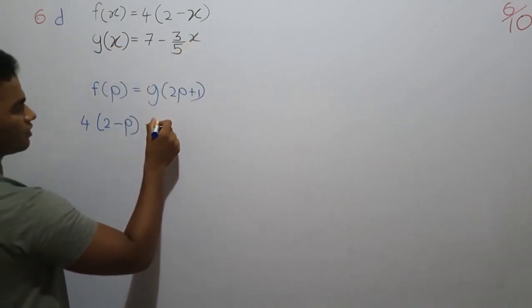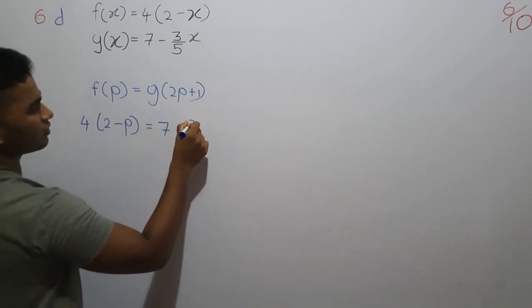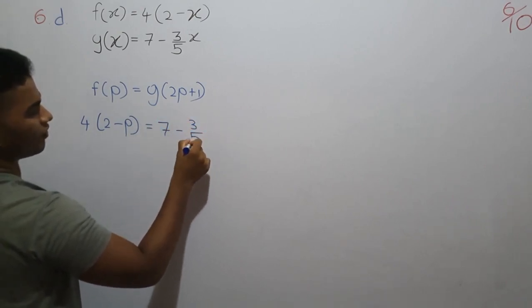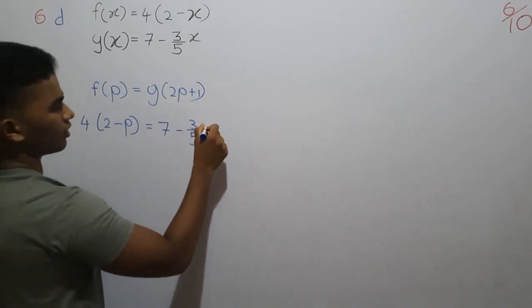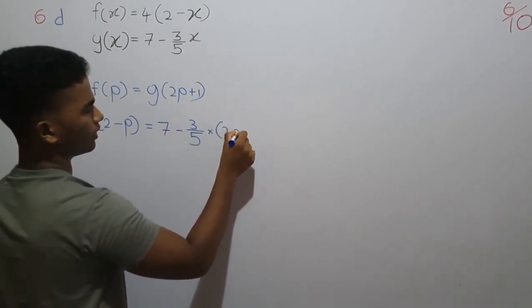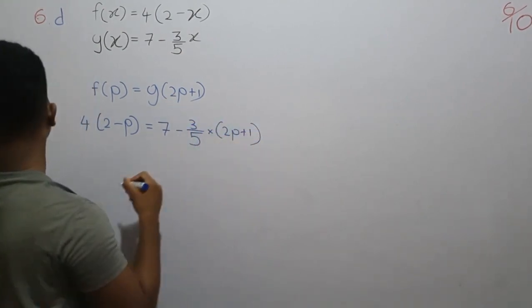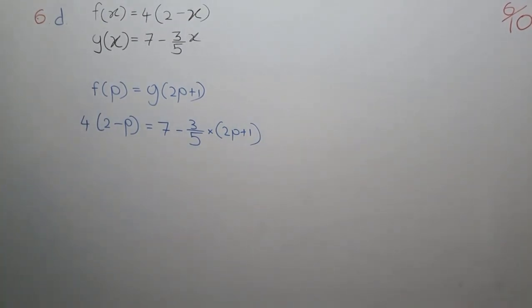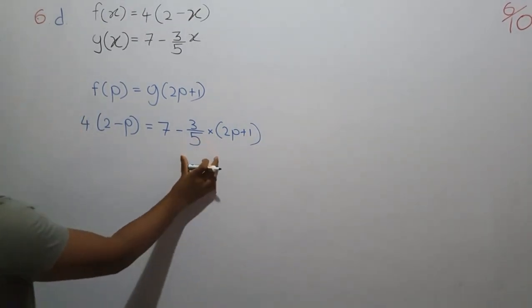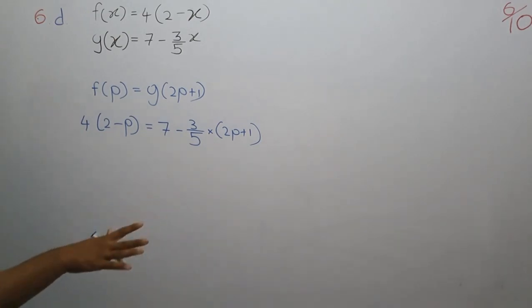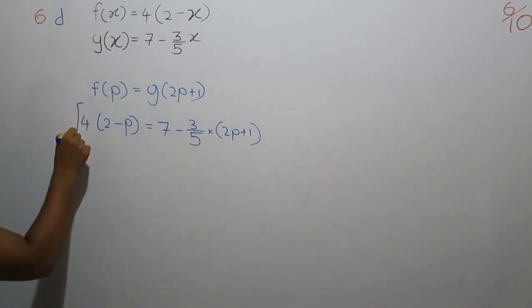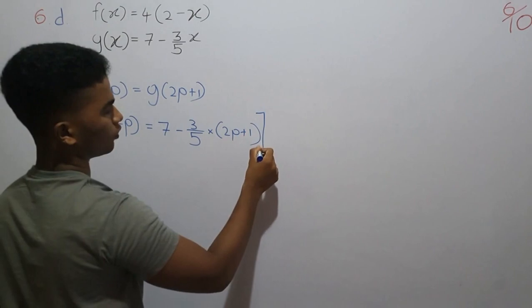Take the whole term as x and substitute it here. So g function is 7 minus 3 divided by 5 into the whole thing, 2p plus 1. To remove this denominator, 5, we will multiply the whole equation by 5.